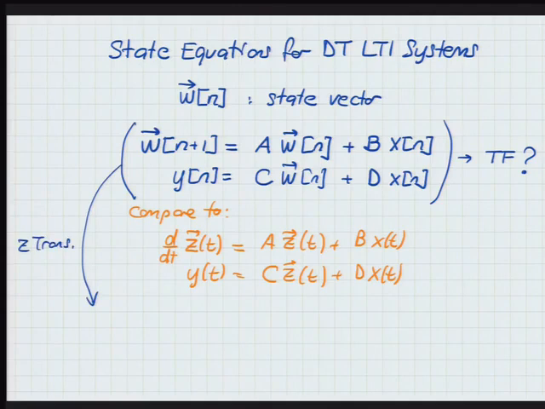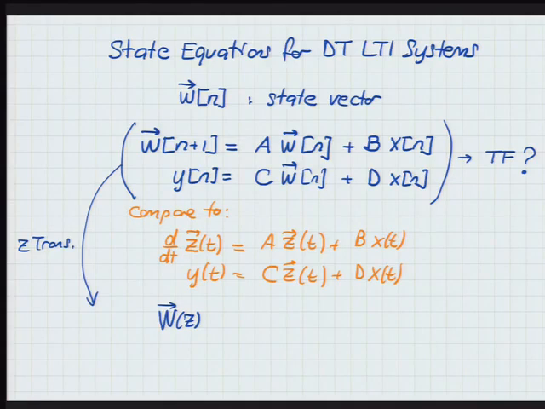So what happens to the left-hand side of the equation, w of n plus 1? If capital W denotes the z transform of little w, I'm going to put a vector here again. All that this means is, remember, little w is a vector. So big W means take the z transform of every entry in little w and stack them into a vector, call it big W, right?